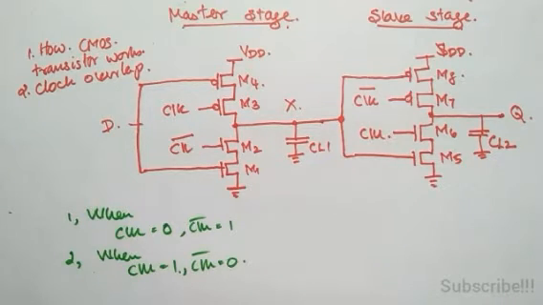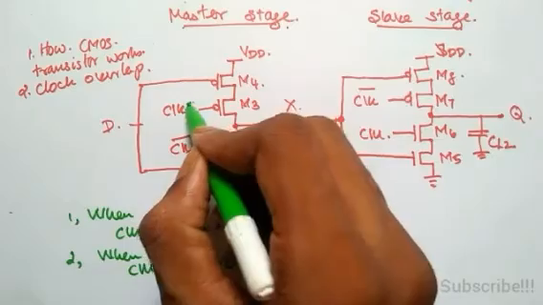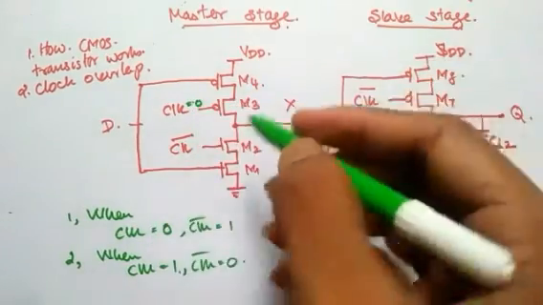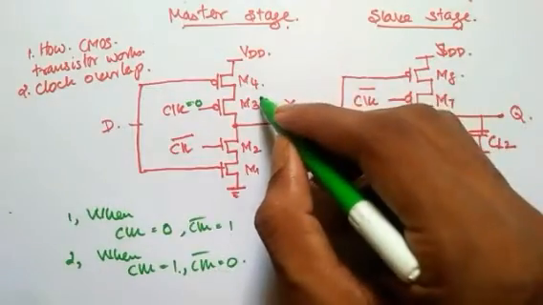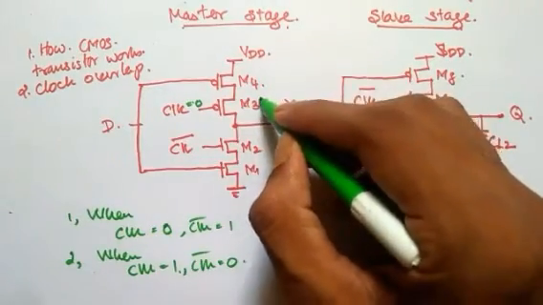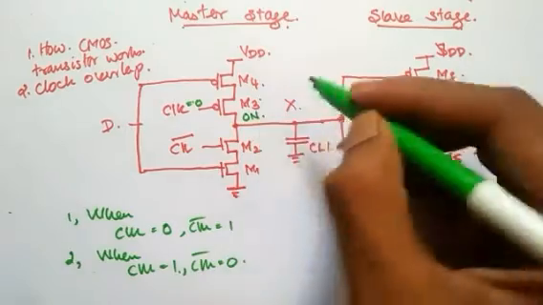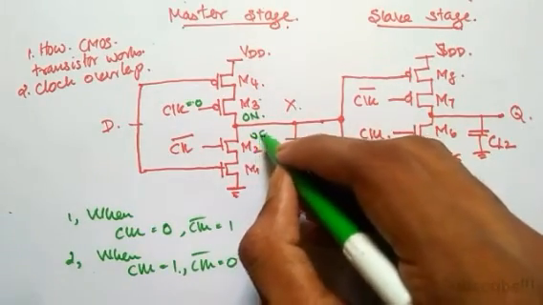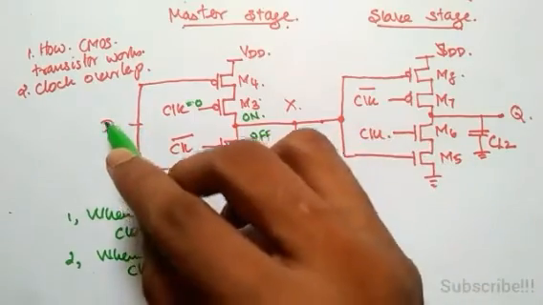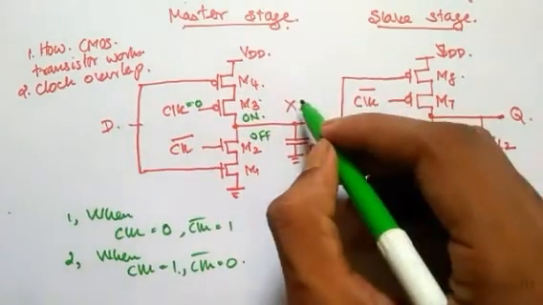Okay, for the first phase, when clock is equal to 0, the PMOS M2 and M3 turn on, and the NMOS M1 and M4 turn off. Due to this, the master stage acts as an inverter.